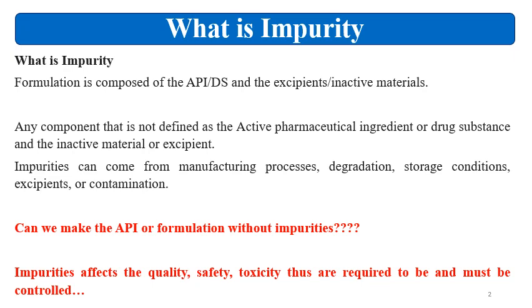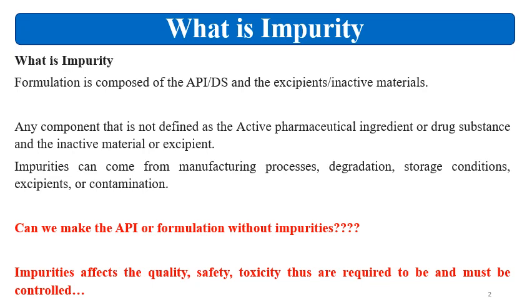Now you might be thinking, can we make the API or formulation without impurities? The answer is no. APIs or formulations cannot be made without impurities, or 100% pure. Why?